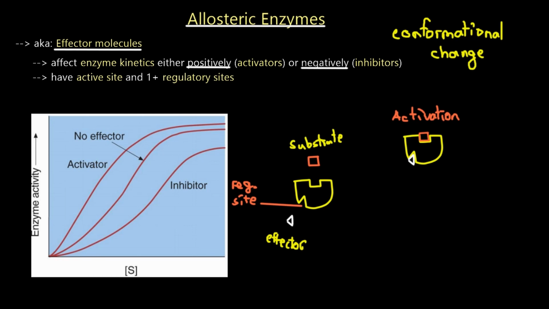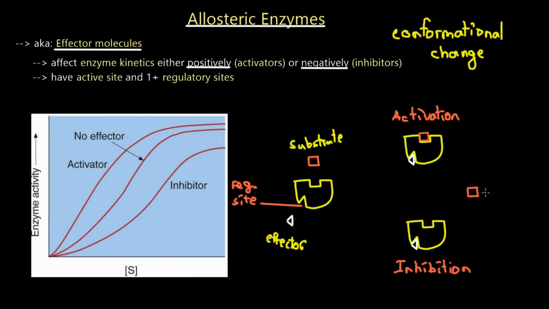And the other scenario is if this effector molecule affects it negatively, and it would be an inhibitor. So this is an inhibition. And what happens in this scenario is that once the effector molecule binds to the regulatory site, it changes the conformation of the enzyme, and it cannot bind the substrate.